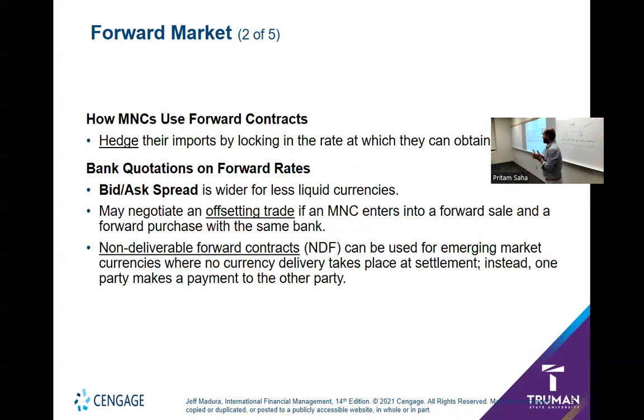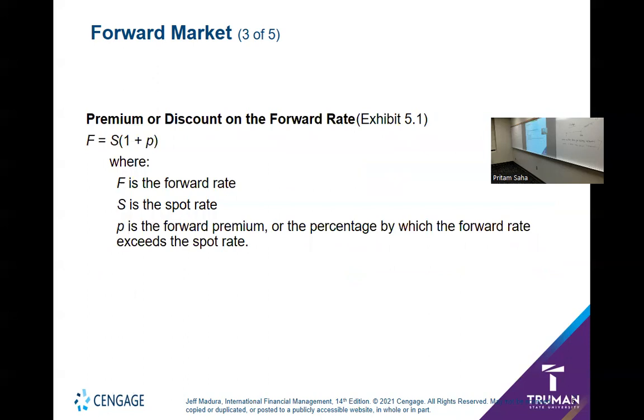Similar to the spot market, they also provide bid and ask quote for the forward market. That's it, same thing. Banks provide bid and ask quote for the spot market. Similarly, they provide bid and ask quote for the forward market. And we know that there should be a spread, right? So the bank can make some money. Okay.